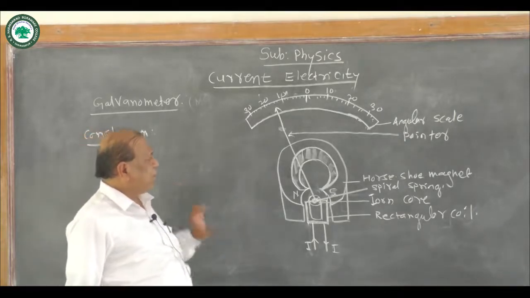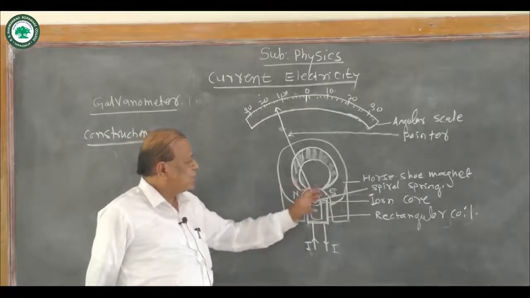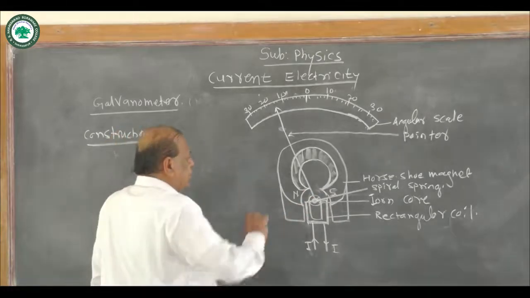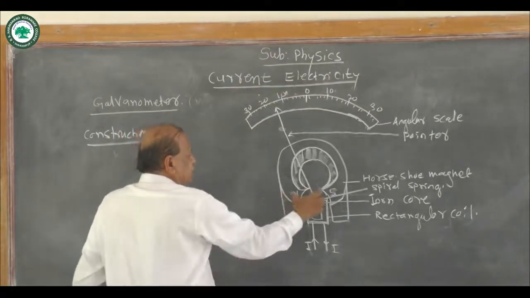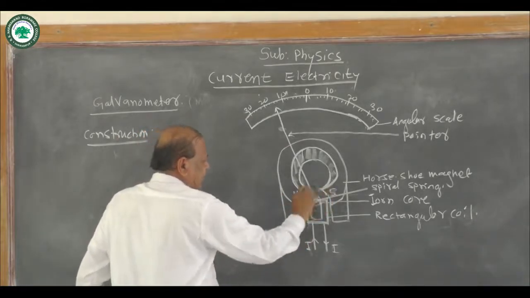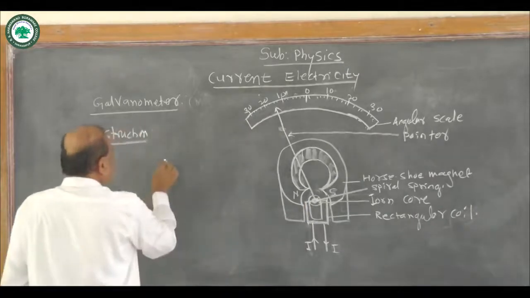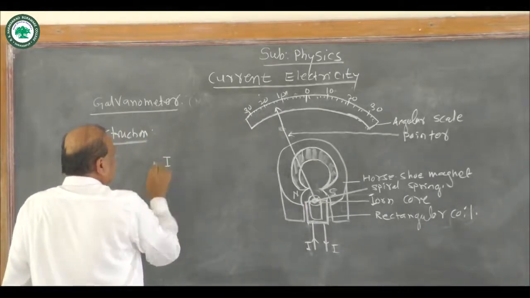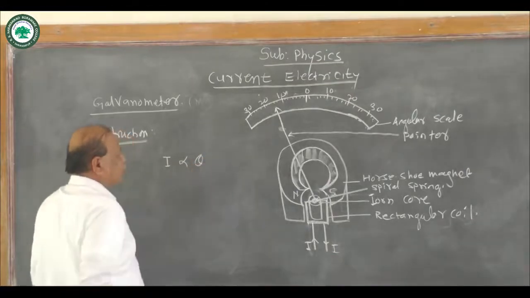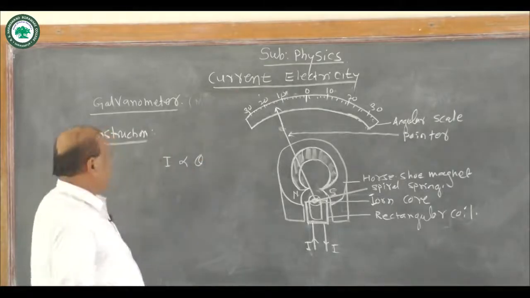Now what is the working of this galvanometer? When current flows through this rectangular coil, then due to the magnetic field from N and S, that coil gets deflected, and the current flowing through this moving coil galvanometer is directly proportional to the deflection theta produced in it.